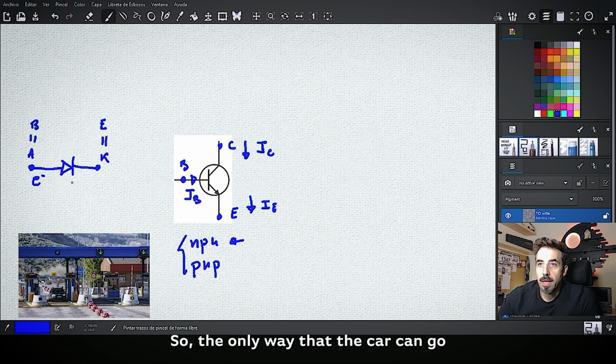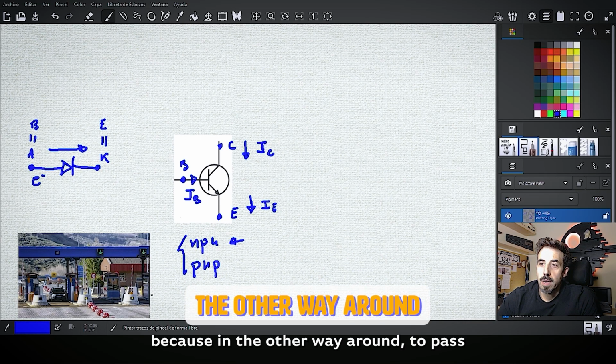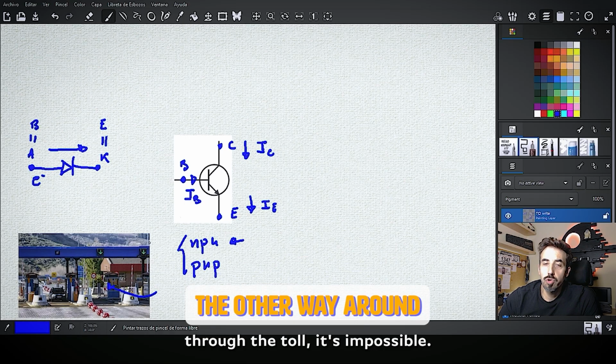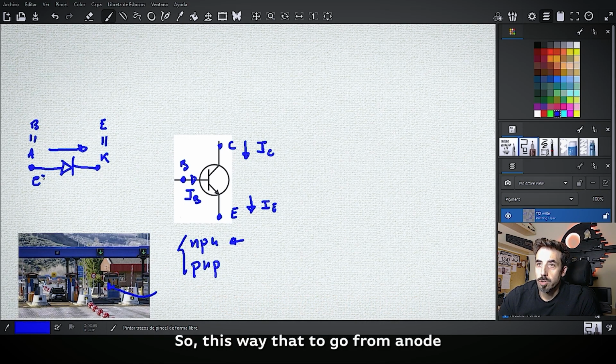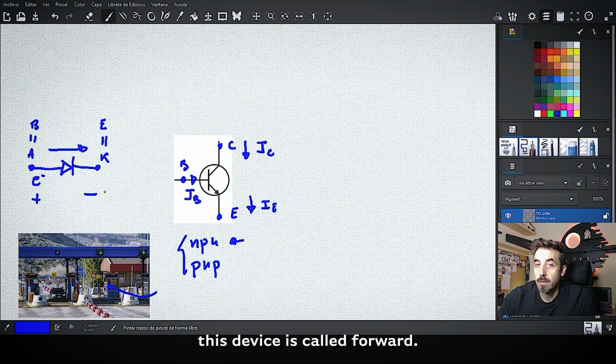The only way that the car can go is from the anode to the cathode, because the other way around, to pass through the toll, it's impossible. Going from anode to cathode means that the anode should be more positive than the cathode, and that way of biasing this device is called forward.